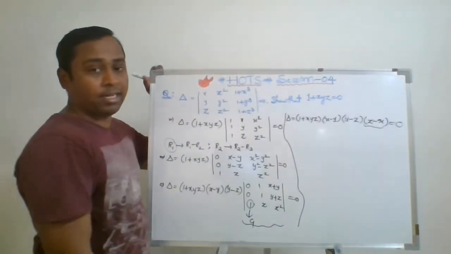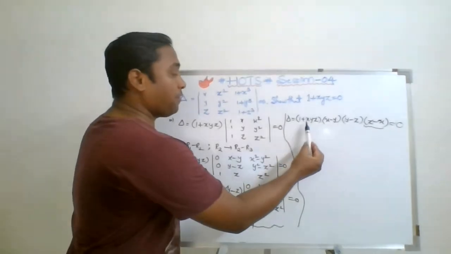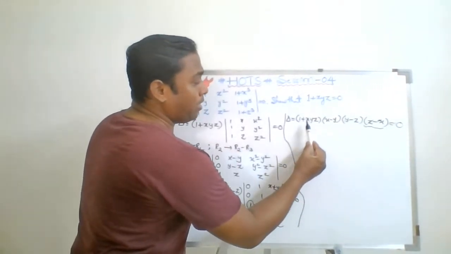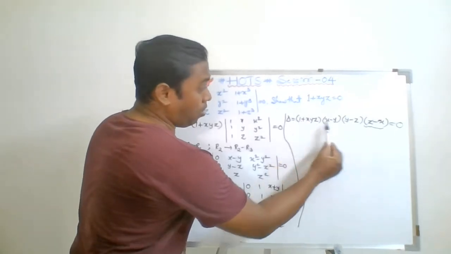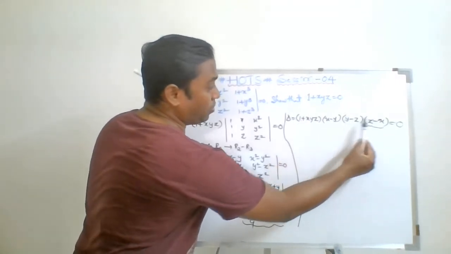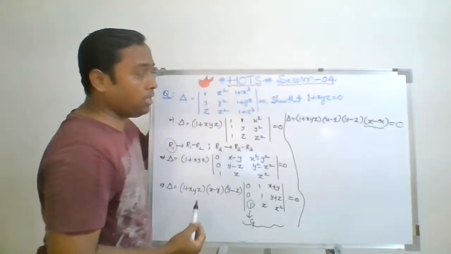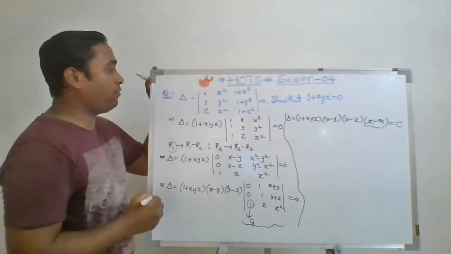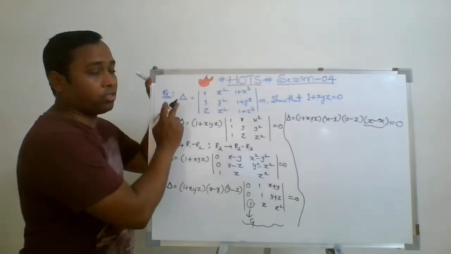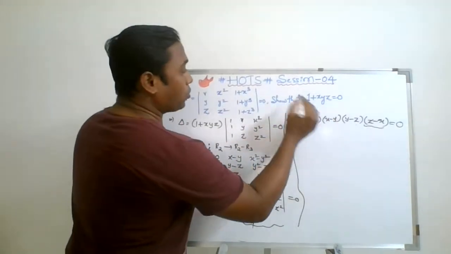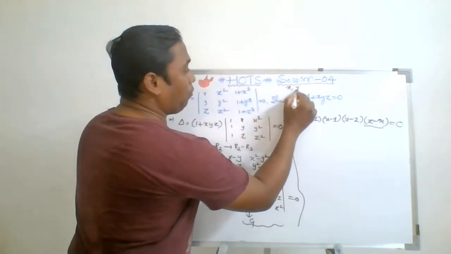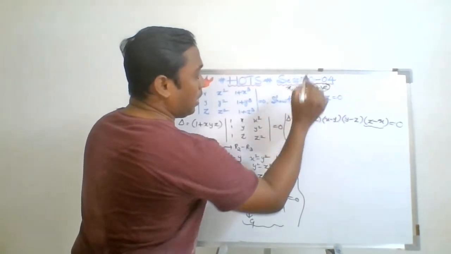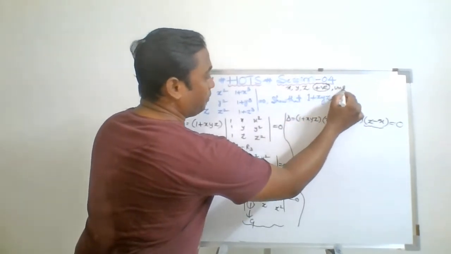So now you can easily understand that if the product of four factors is 0, then this may be 0, or this may be 0, or this may be 0, or this may be 0, right? But in this question, I forgot to write some information that is also given: x, y and z are positive and unequal.